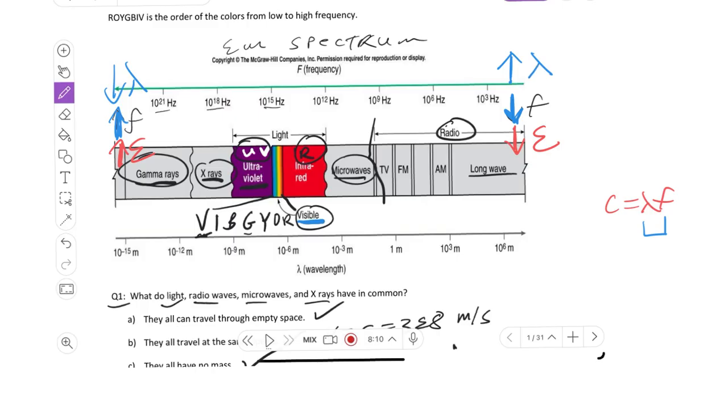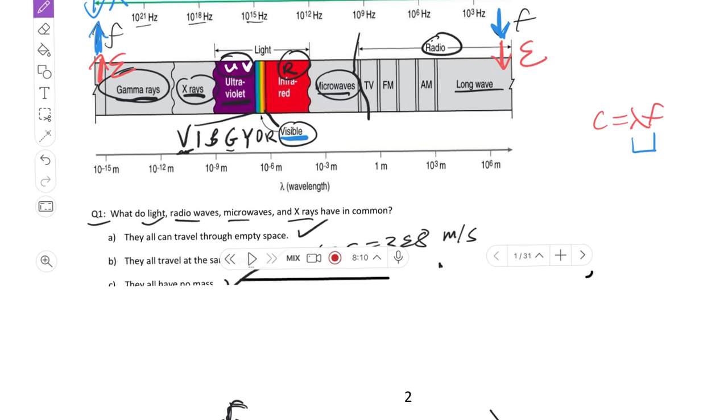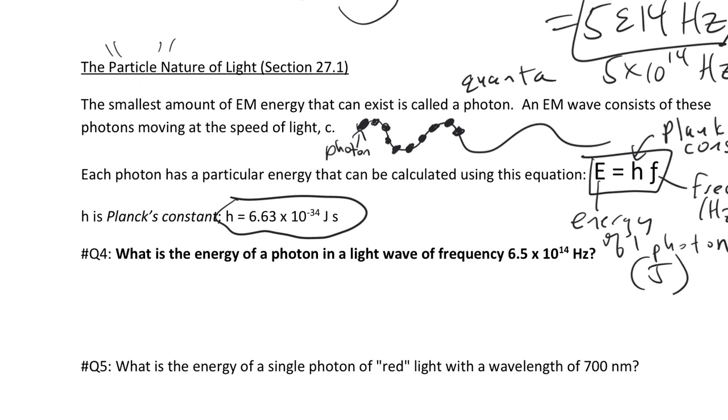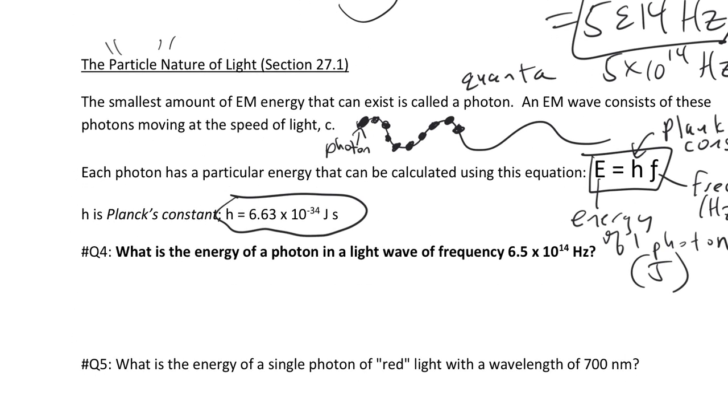Now let's go down here and continue where we left off. Let's use this E equals hf equation. Okay, to solve this problem, what is the energy of a photon? So I'm going to use this equation, E equals hf. So h is right here. It'll be on your equation sheet.